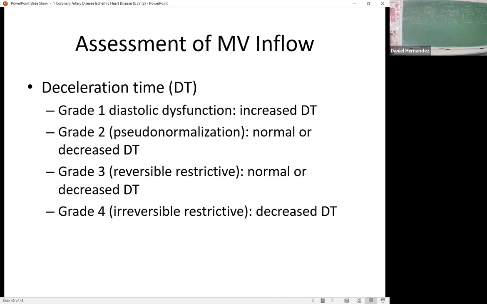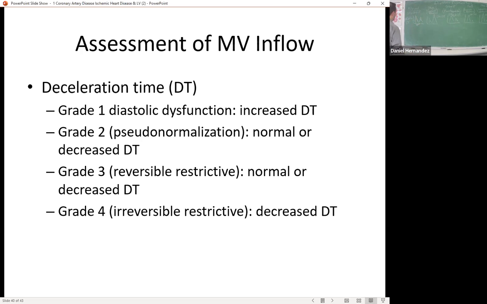The other thing that we said we could measure also with our mitral inflow patterns is going to be our deceleration time, or DT. So again, our deceleration time, we're measuring from peak E down the slope of that line all the way to the baseline. So again, that's going to be that period of time that it takes for that E wave to decelerate down to 0.